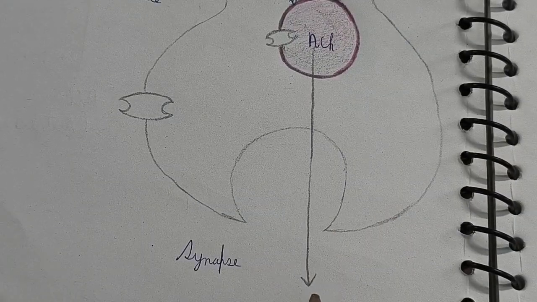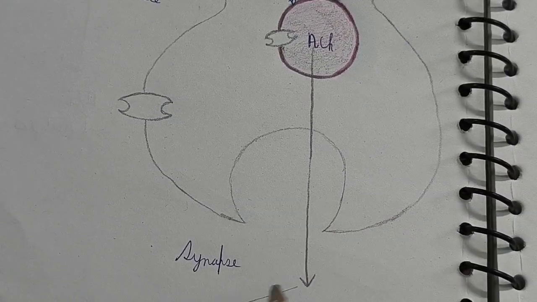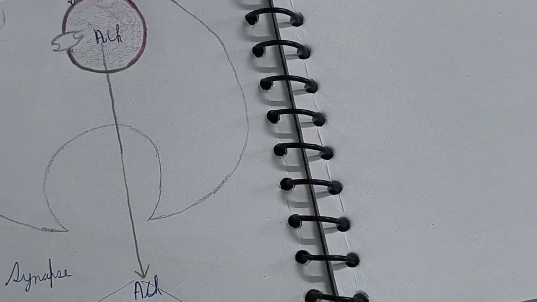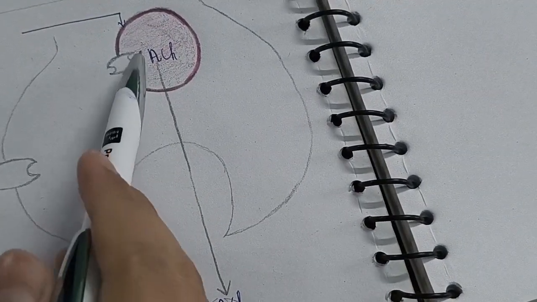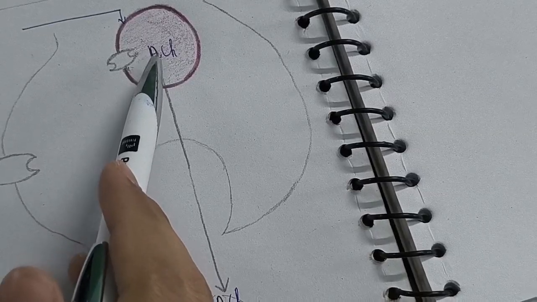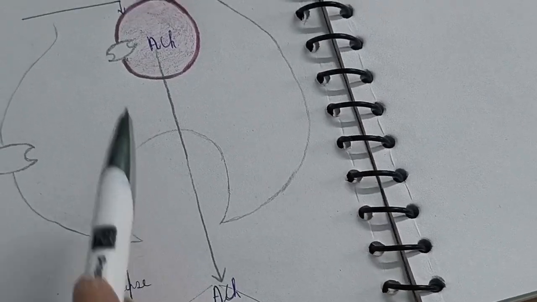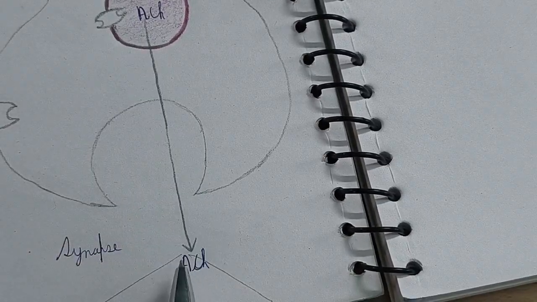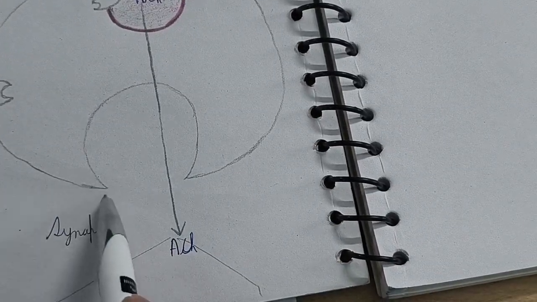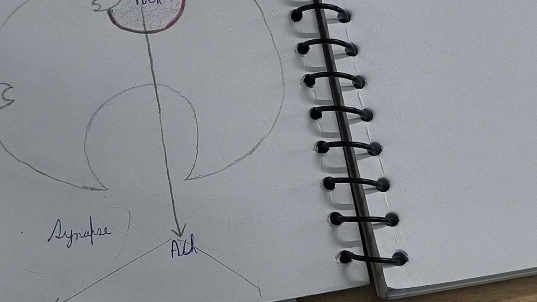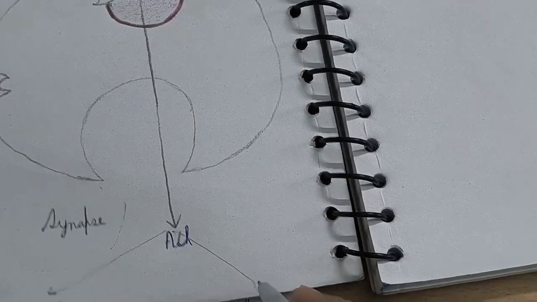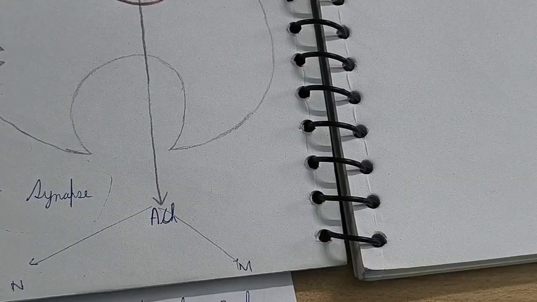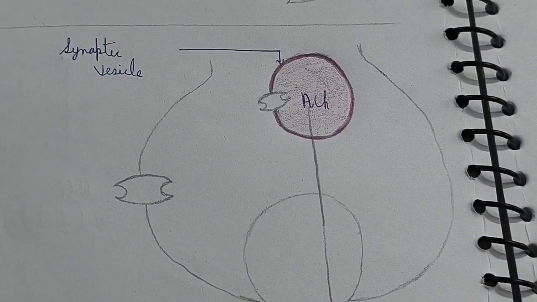In this way acetylcholine is released into the synapse from the synaptic vesicle. Once acetylcholine is released into the synapse, it binds with nicotinic and muscarinic receptors to cause the actions. So this is the main description about the release.